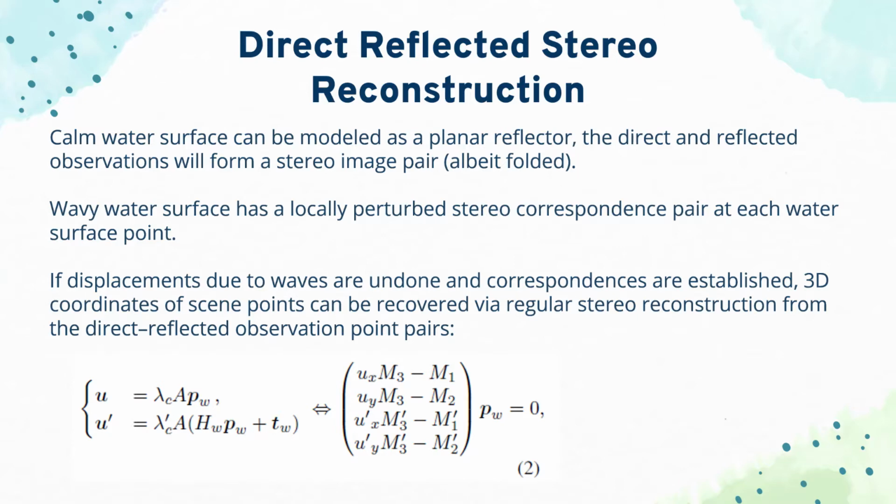In either case, if the displacements due to waves are undone and correspondences are established, we may recover the 3D coordinates of scene points via regular stereo reconstruction from the direct and reflected observation point pairs as shown below. This stereo reconstruction requires the intrinsic and extrinsic parameters of the camera.